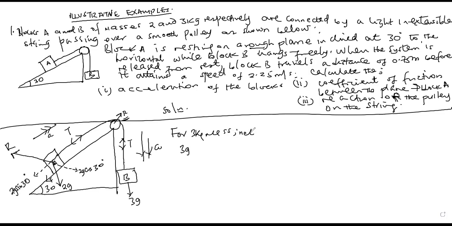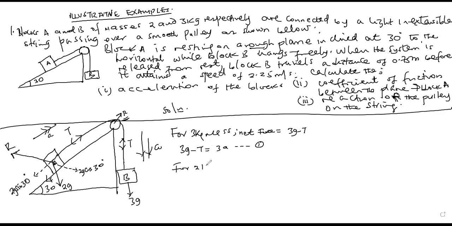Here we shall see that the net accelerating force is equal to 3g minus T, implying that if we apply F equals ma, we shall have 3g minus T equals mass, which is 3, times acceleration, which is equation 1.